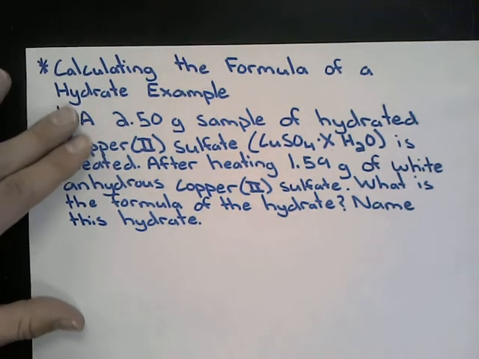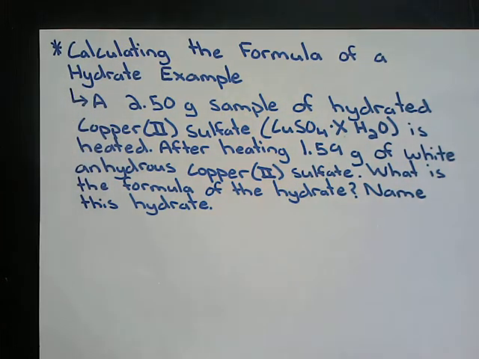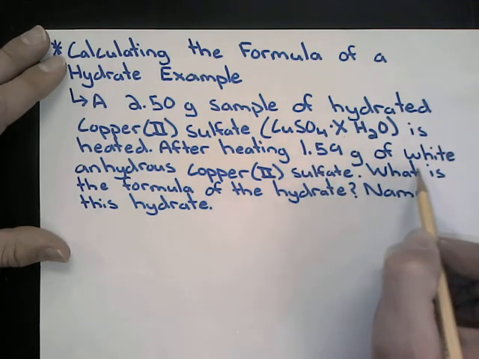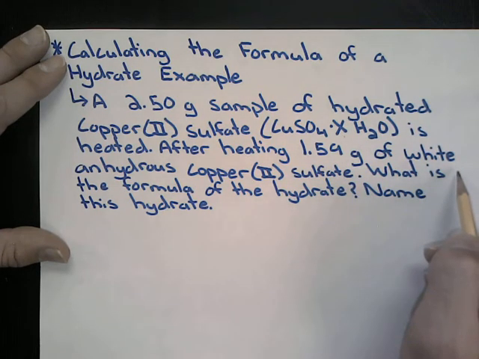So if we think about step 1, we need to determine how many grams of water and how many grams of anhydrous we have. The problem says we have 1.59 grams of white anhydrous.